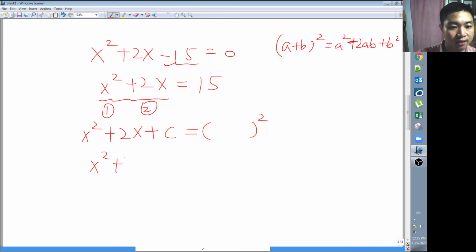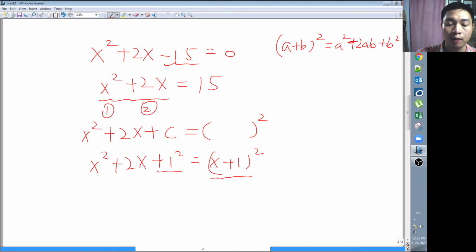If you can't realize it, you can actually see this. You get this if you have introduced a 1 squared here, and you will get (x + 1)². So you have introduced a plus 1 squared on the left hand side.